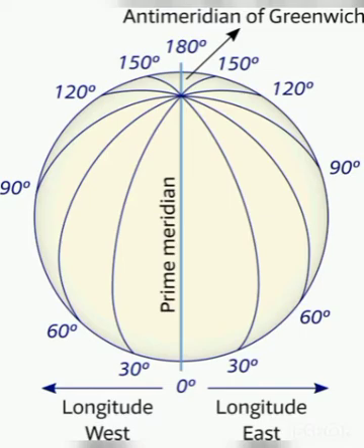If we know which latitude and longitude, we can easily locate the point where these two lines cross each other. This point will give us the exact location of places. So the grid is very important.